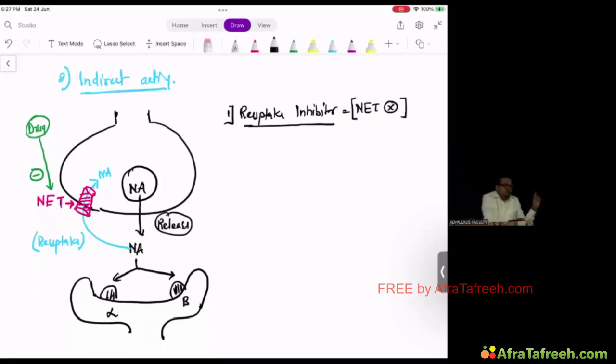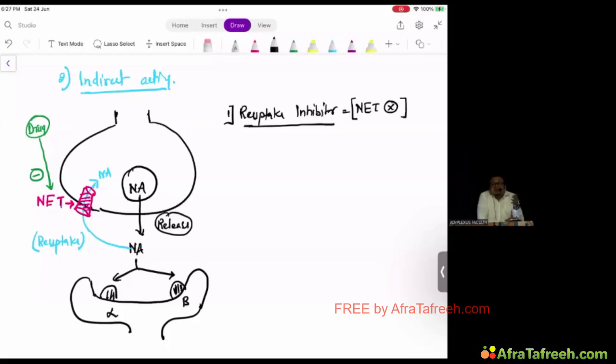Now listen carefully: which substance will stimulate the alpha or beta receptor? NA. Does the drug act directly on alpha or beta? No, so it is indirect action. The drug is causing inhibition of reuptake. NA remains, NA acts.